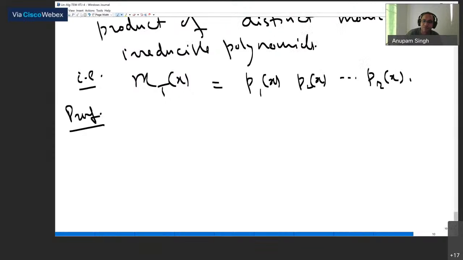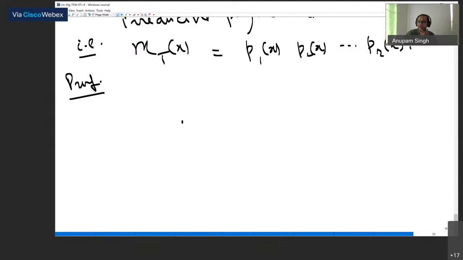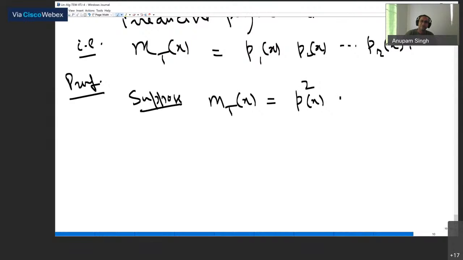So the proof of this follows from what we did just now. Suppose the minimal polynomial m_T(x) has some polynomial appearing with degree more than 1. So we separate out that polynomial P and put the other things together as Q(x).